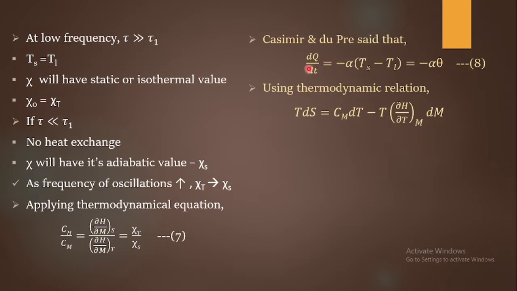So here we have dQ, and according to thermodynamics we know that dQ can be written as T into dS, where S is the entropy and T is the temperature. And from the above equation, that is equation number 8, dQ can be written as minus alpha into theta into dt. So just substituting that value, we are going to get equation number 9.